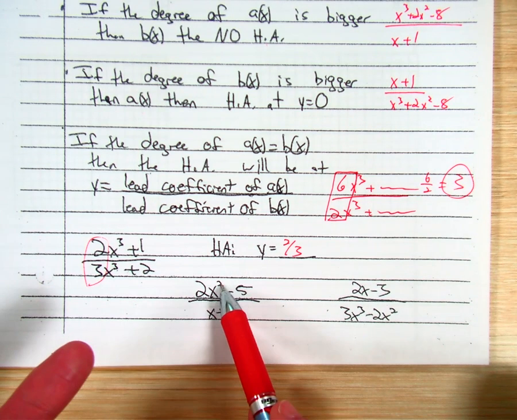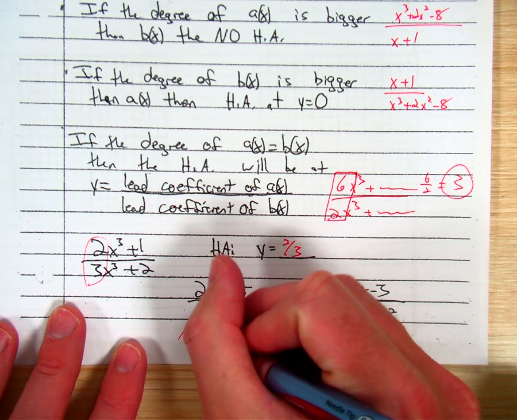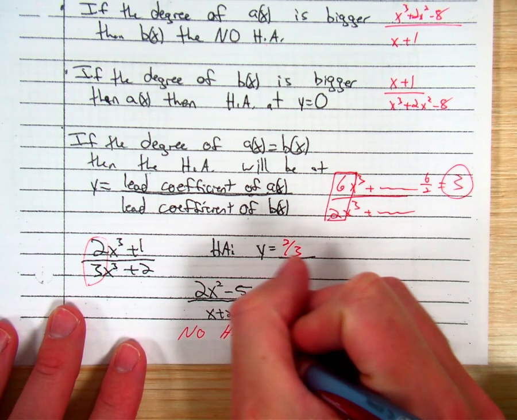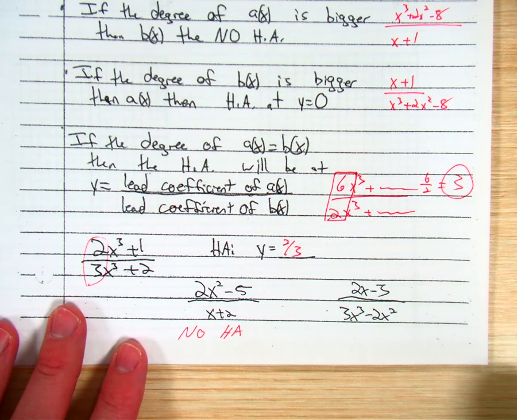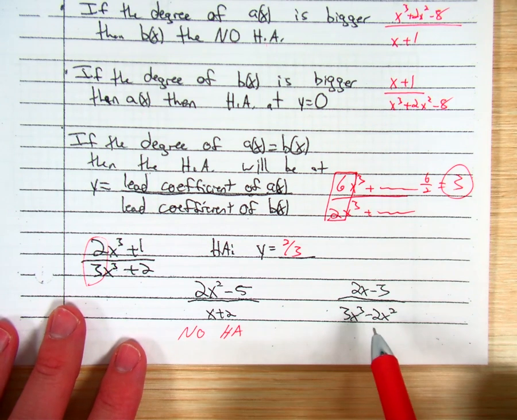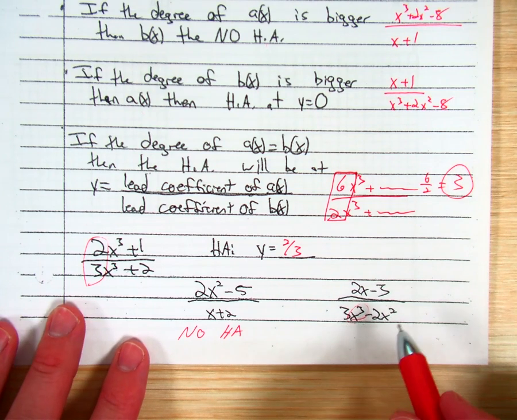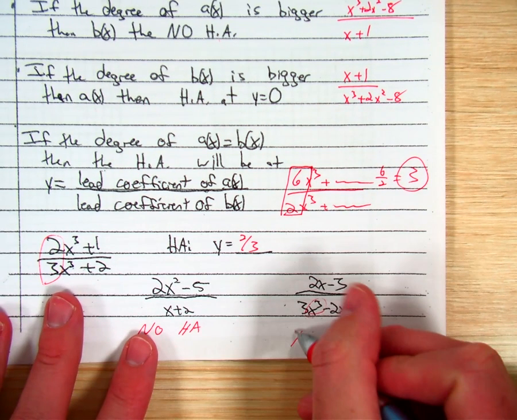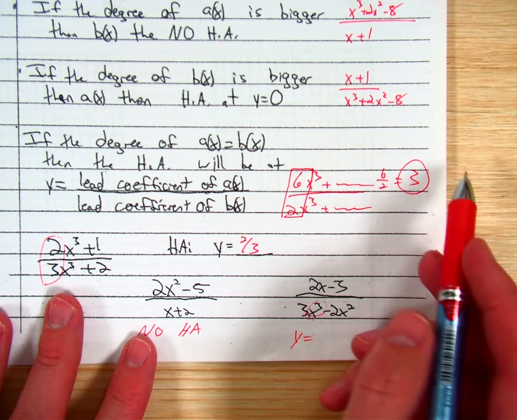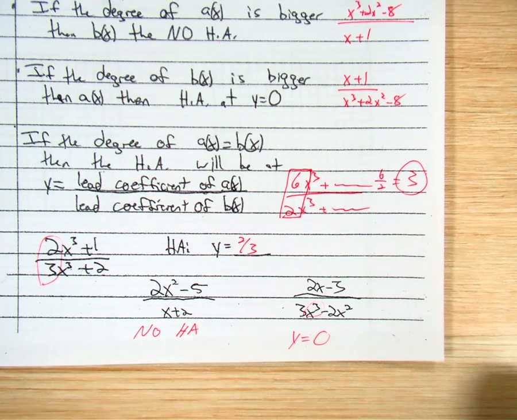X squared is bigger, and it's on the top, so we have no horizontal asymptote. Over here on the right, the last one, 3x to the third on the bottom. The bottom's going to have a bigger denominator, so we get knocked down to 0. Y equals 0 is going to be your horizontal asymptote.